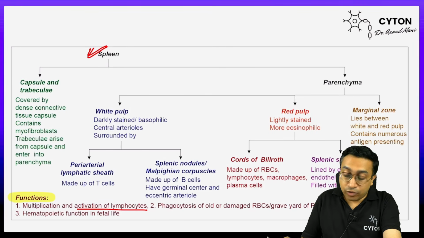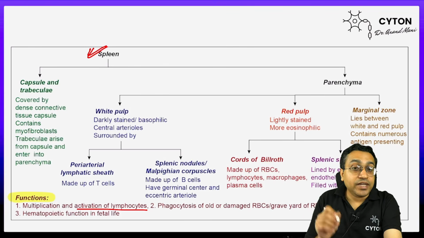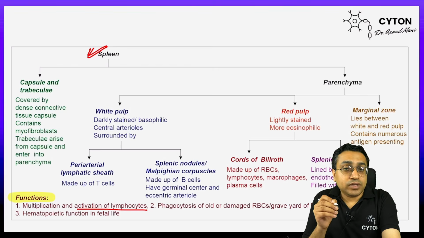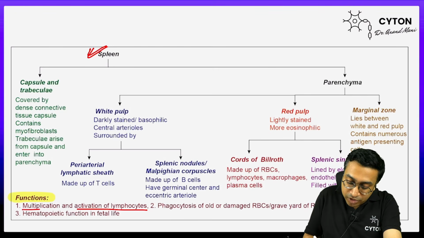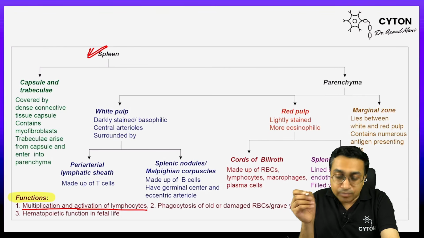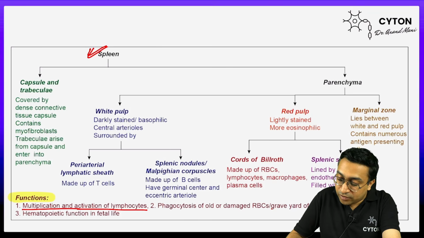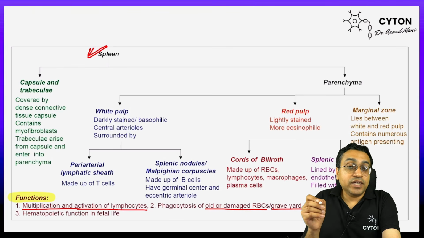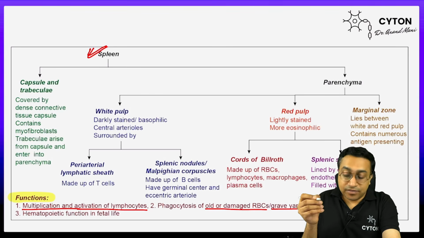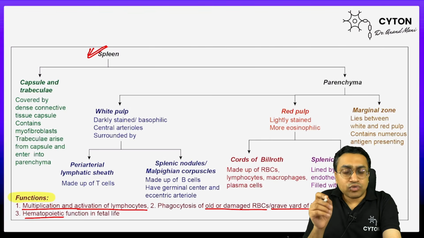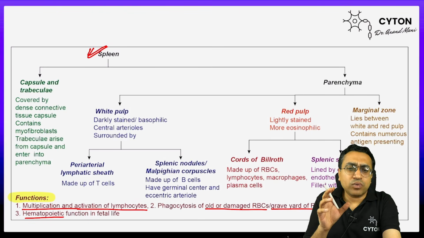It is a site for proliferation of T and B lymphocytes, that is the multiplication, proliferation and activation. Then it helps in the destruction of old and damaged RBCs and platelets. That is why it is known as the graveyard of RBCs. You might have heard this, it was written in NCERT. In embryonic life, the spleen acts as a hematopoietic organ, and it also stores a small quantity of blood.